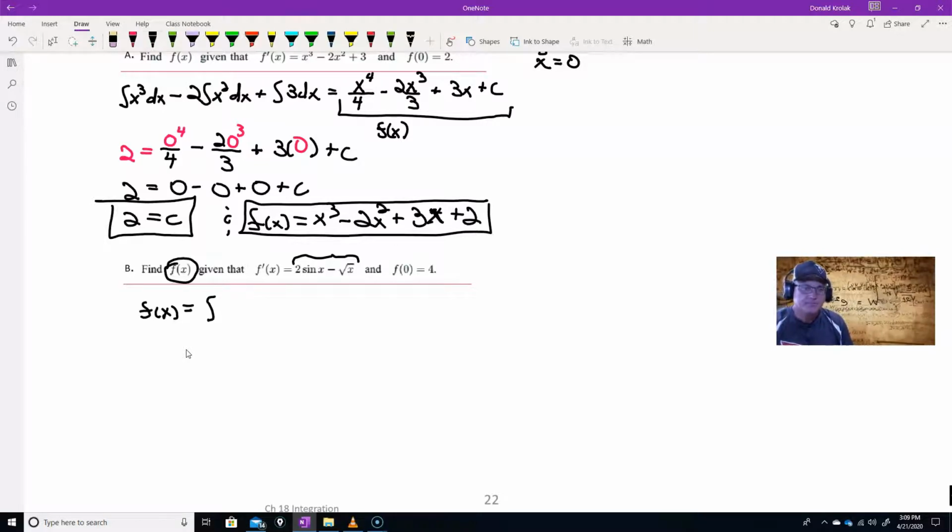So for the sine part, that 2 is a constant, so I can pull that out. This I can rewrite as x to the negative 1/2, or excuse me, x to the half.